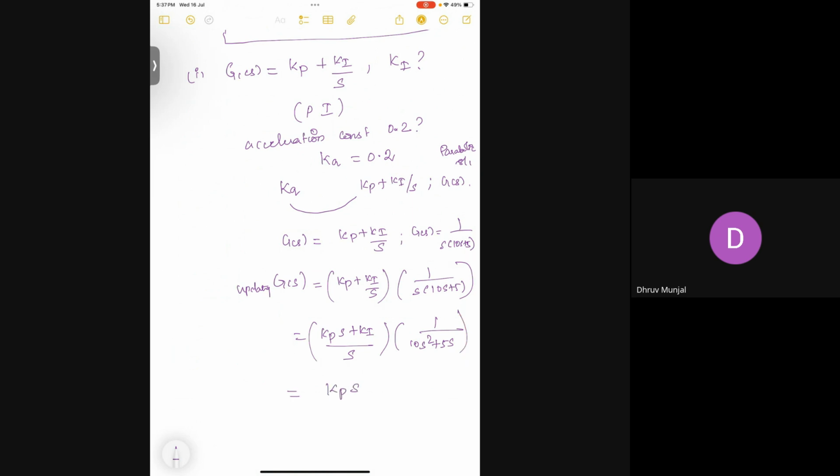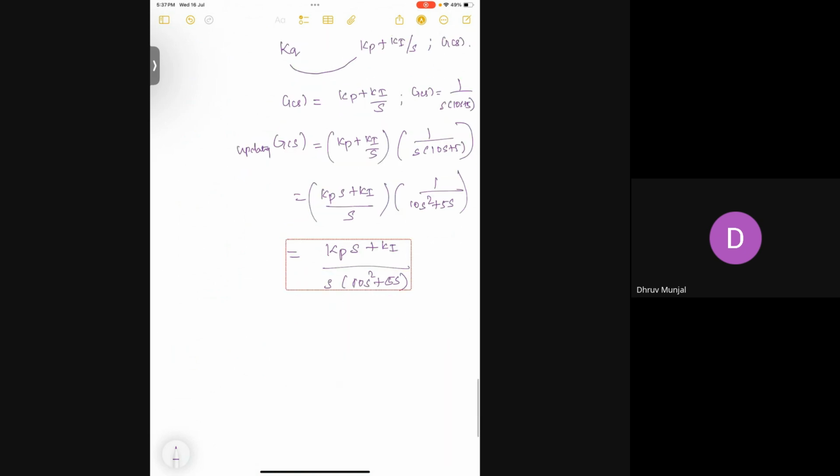Now (Kp S plus Ki) by S into 10S square plus 5S. That's it. I'm keeping this as it is. So this is the updated open loop transfer function for now. Good.